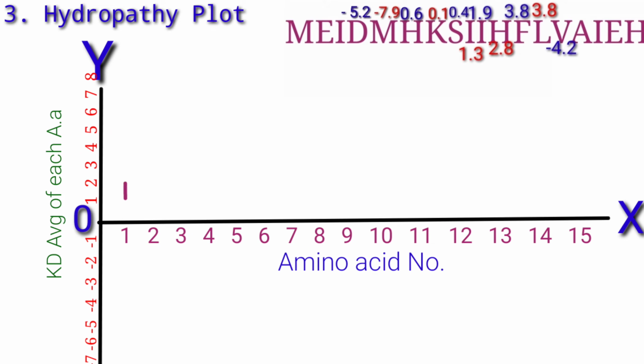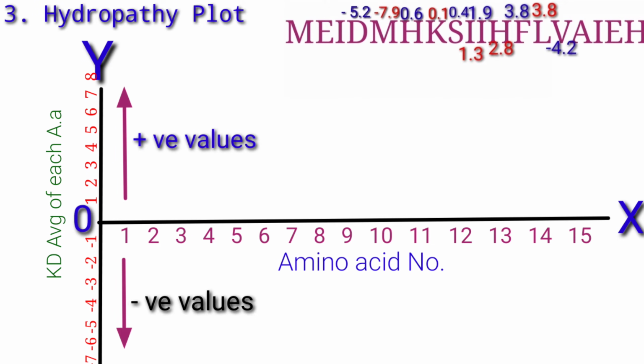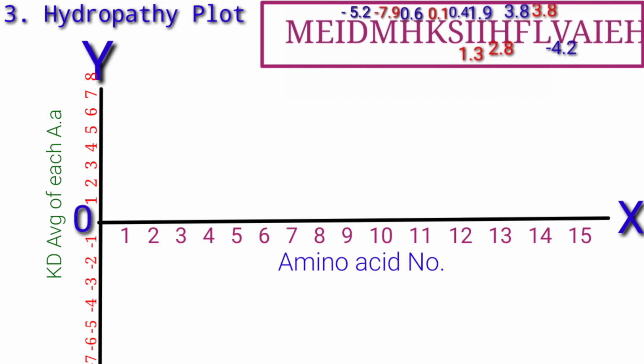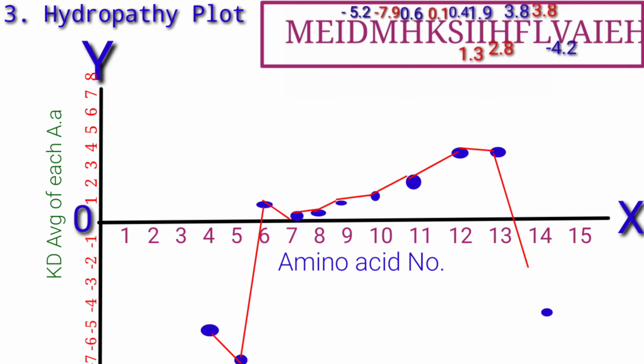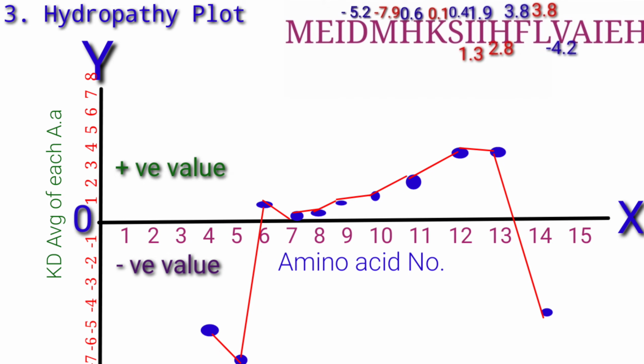On the upper side we will have positive hydropathy index values, and on the downside negative values. If you take those values on this graph paper, you will see the plot is developed. In this case, the upper region is the positive value region and the bottom is the negative value region.